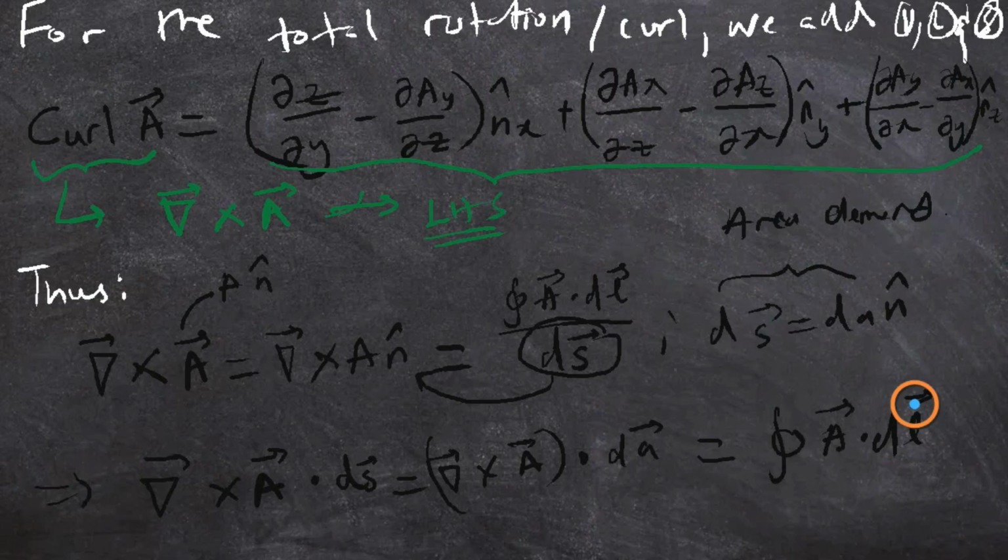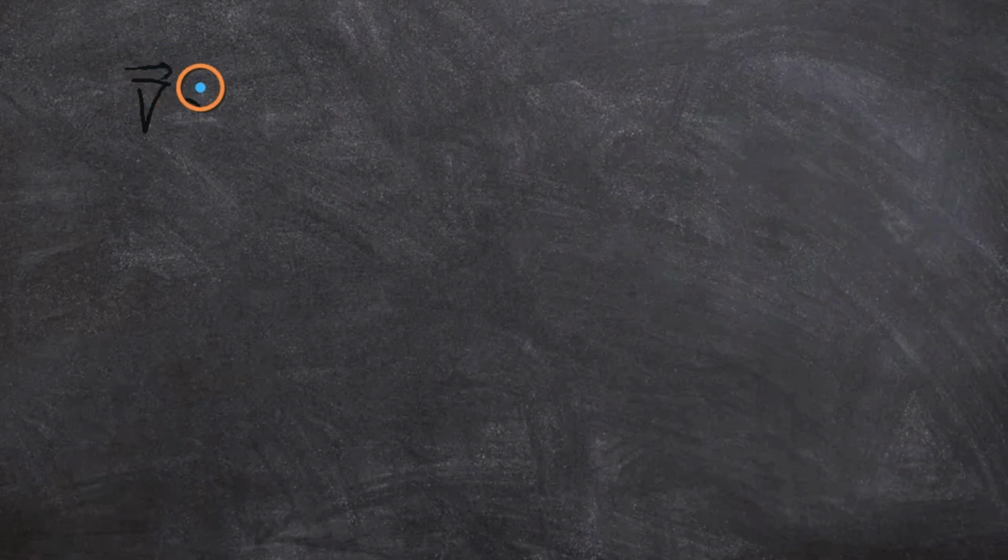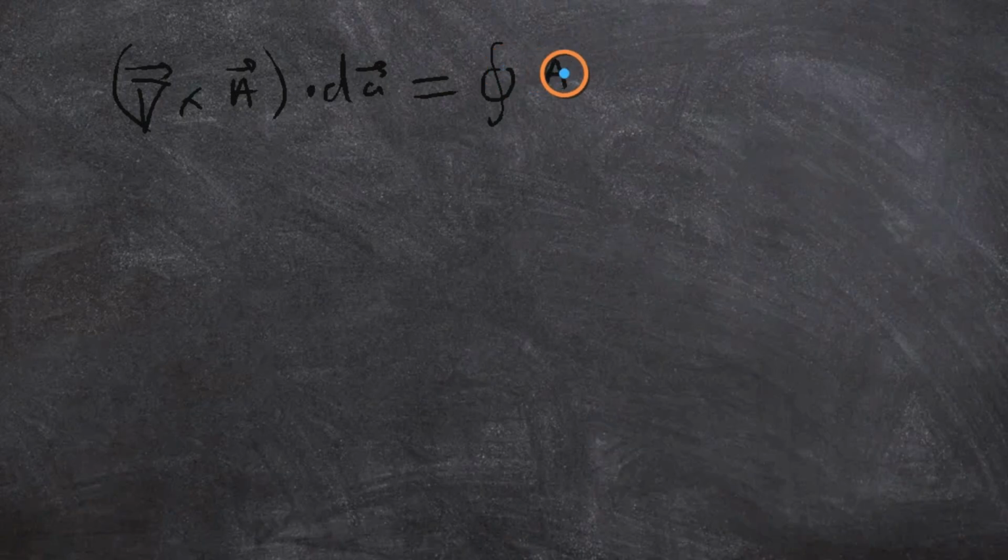Now we've got this equation that we can write: nabla cross A, dotted with the area dA, is equal to the closed line integral of A along a particular path, so some A bounded by a path.